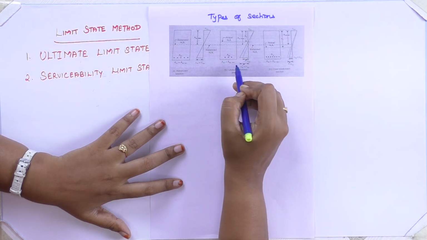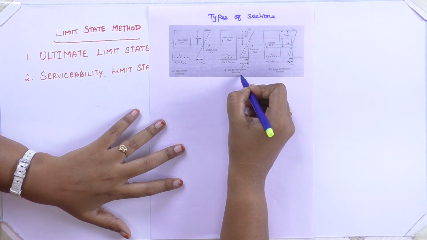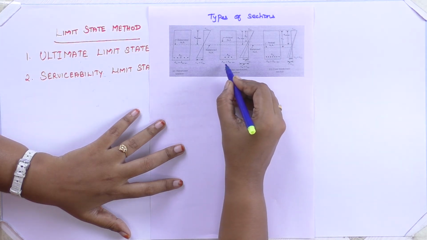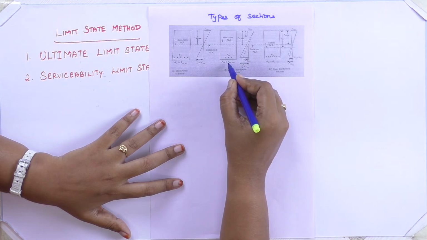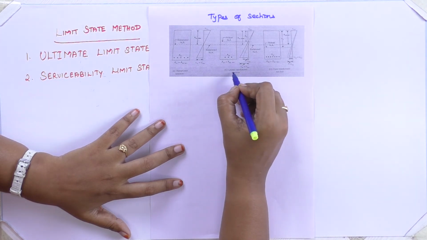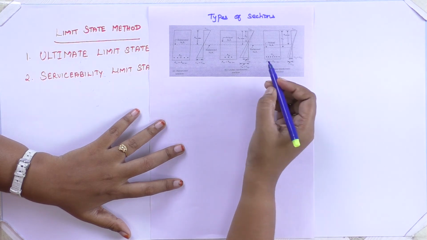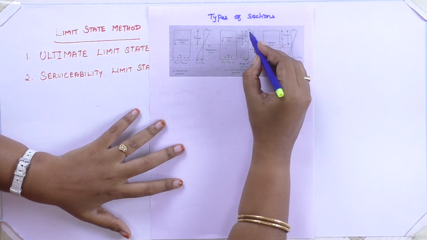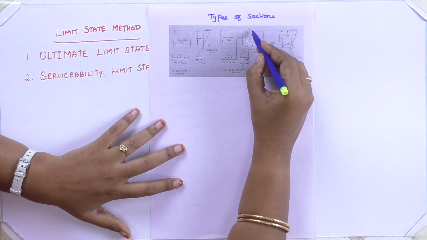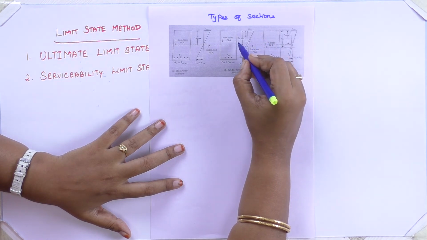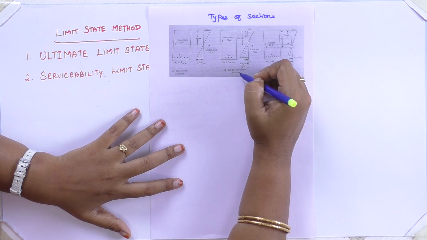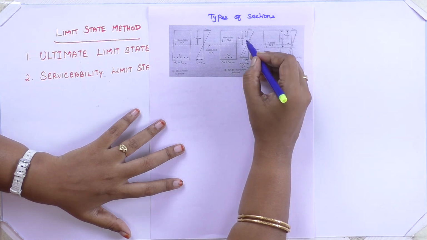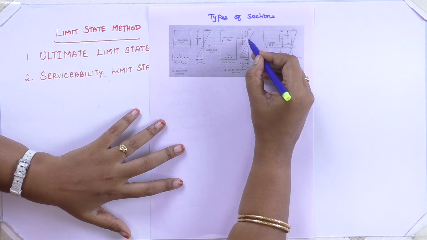When it is an under reinforced section, your Ast is less than Ast limit. The strain block will have epsilon cu, your ultimate strain. Your actual neutral axis value for the under reinforced section is Xu, whereas this is your balanced section value Xu max.